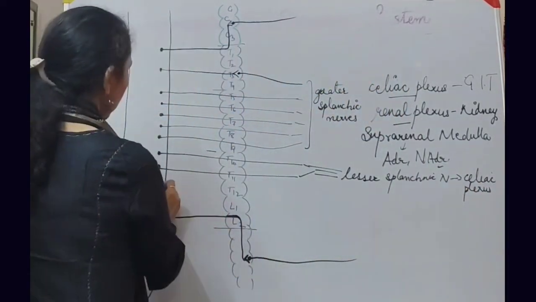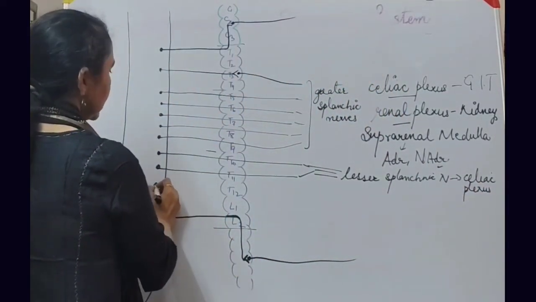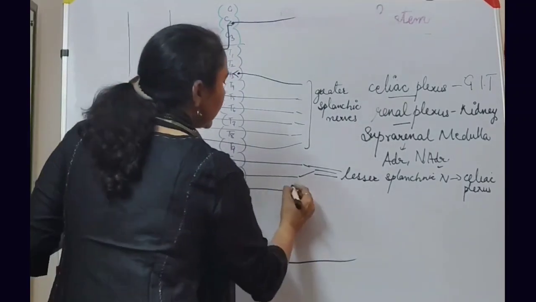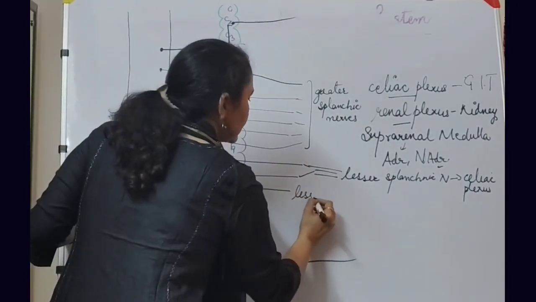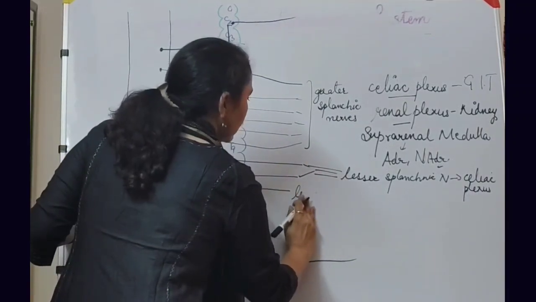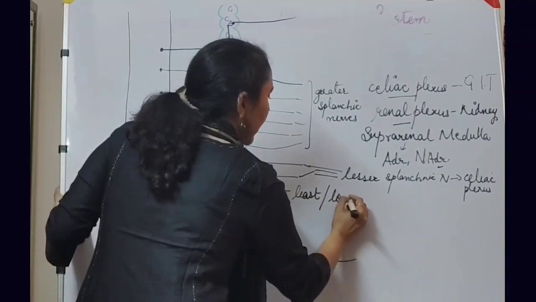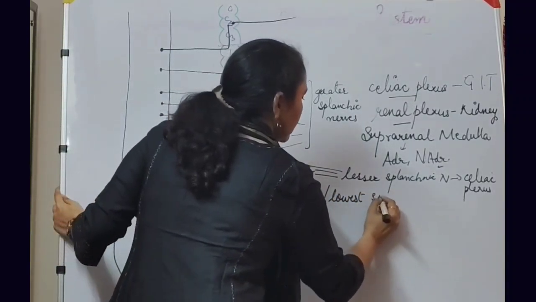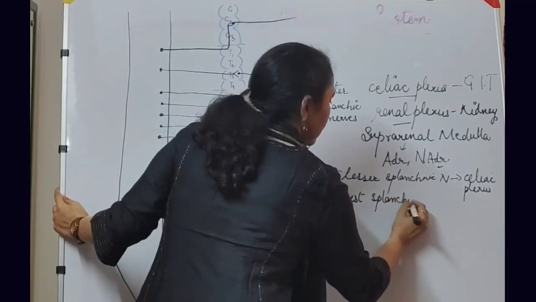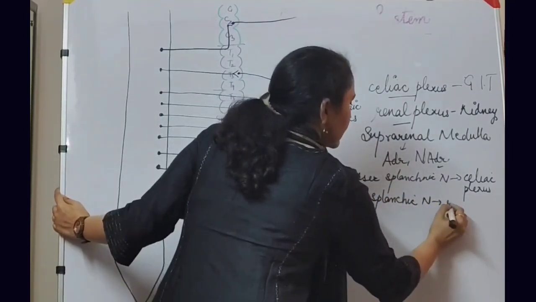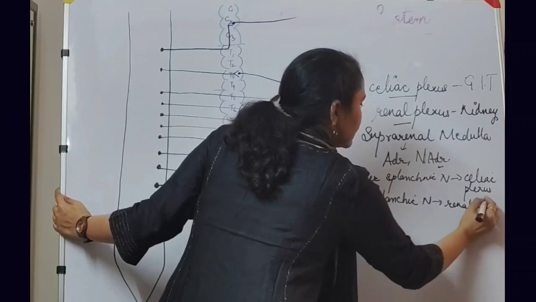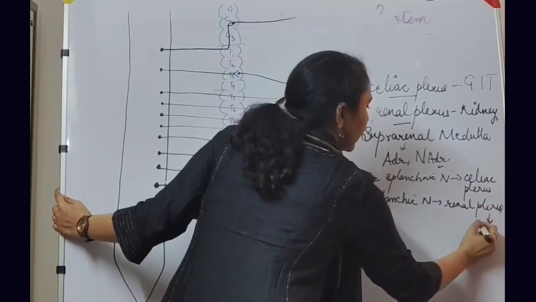Right? Now what about the T12? T12 will again pass without relay, form the least or the lowest splanchnic nerve, and will pass to the renal plexus and supply the kidney.